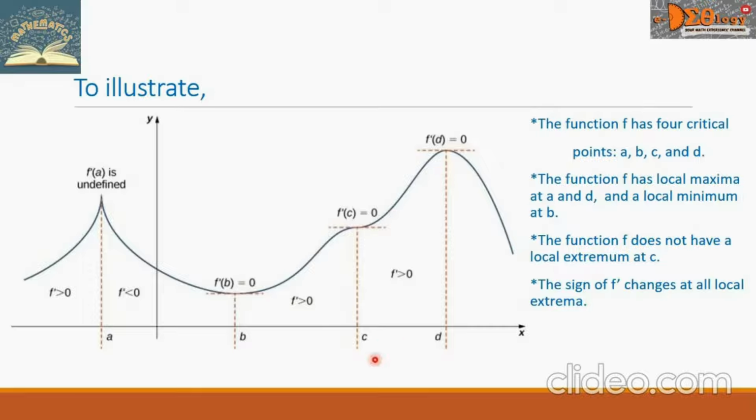So at point C, the sign of the derivatives remains the same. Look at point D. On the left side of D, the graph is increasing, so the derivative is positive. While the right side of D, the graph is decreasing or going down, so the derivative is less than 0 or negative.